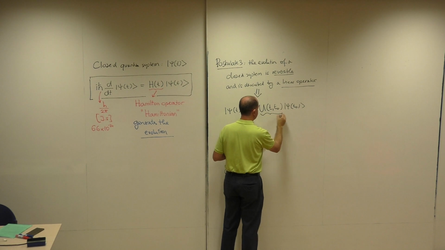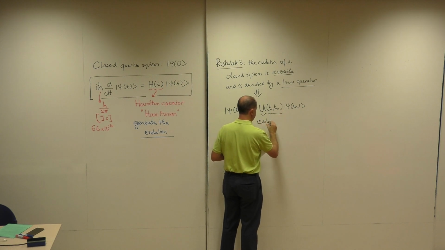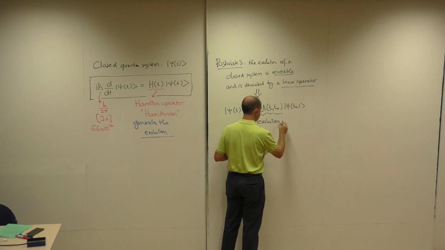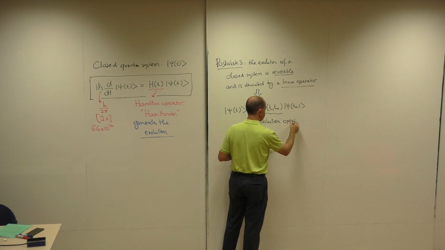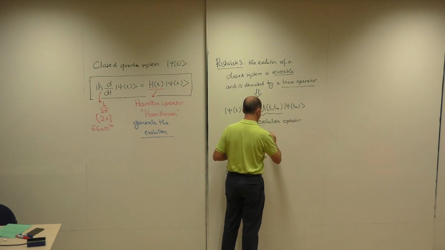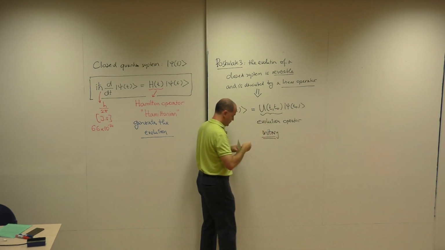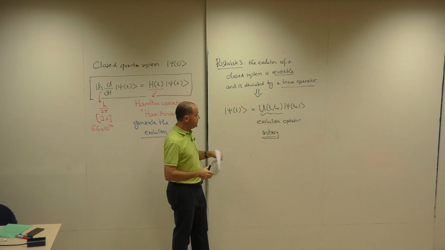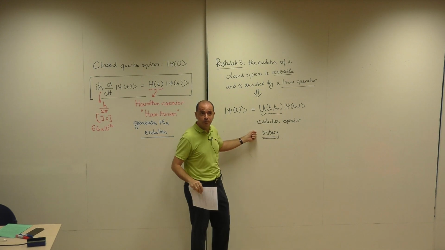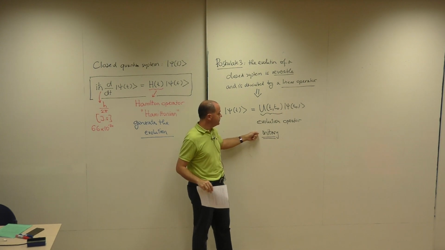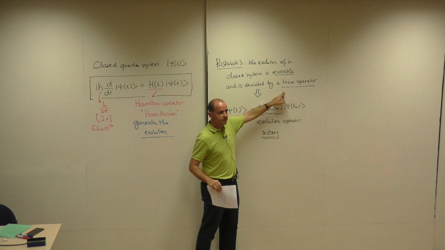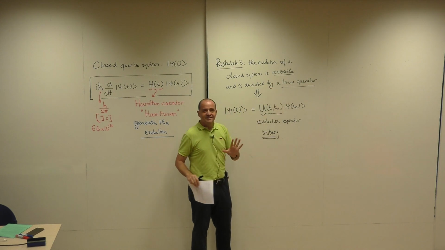So there is an evolution operator that is unitary. Again, I cannot do the full proof, but this is exactly a consequence of the fact that you want a linear operator and you want it to be reversible.